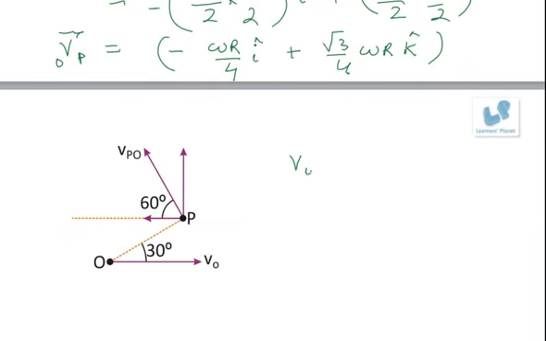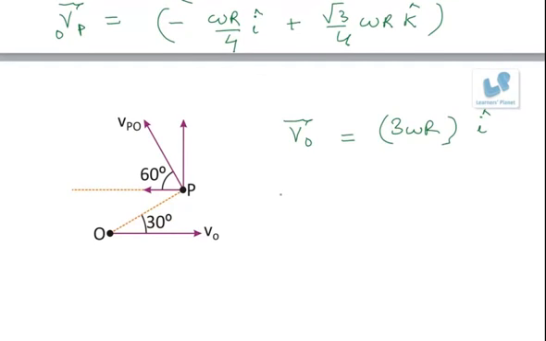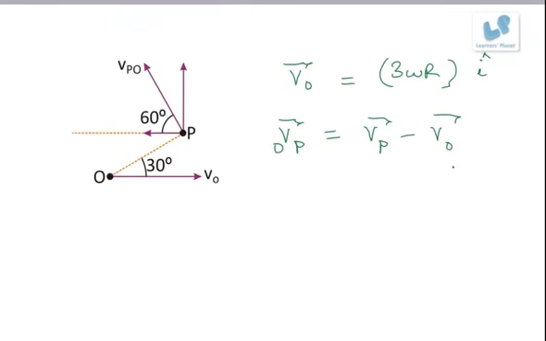So velocity of point O can be written as 3 omega r i cap. Now velocity of point P with respect to O can be written as Vp minus Vo. Okay, so velocity of point P will be equal to velocity of PO plus Vo.